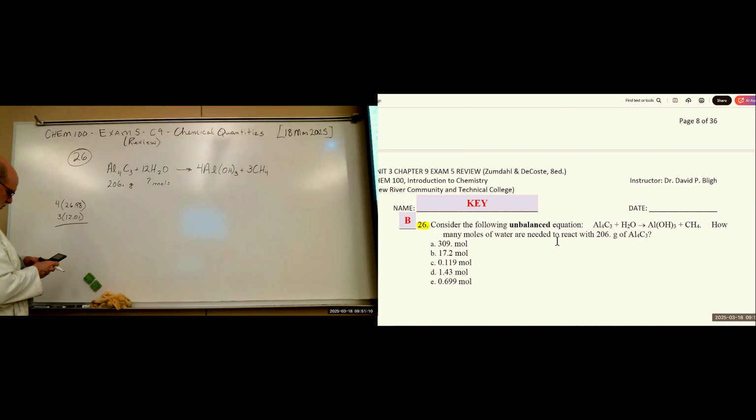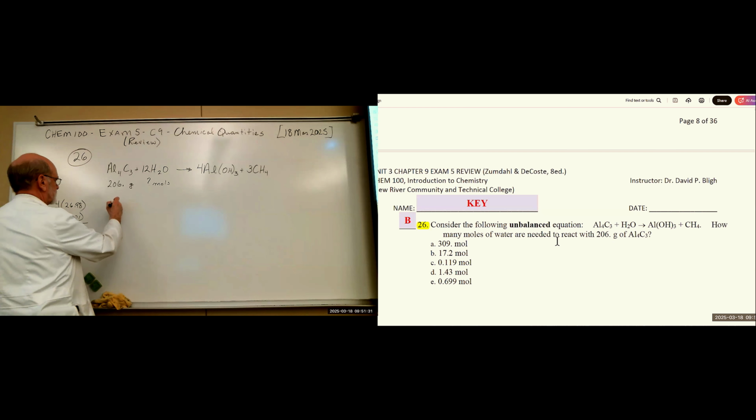And then 12.01 times 3 is 36.03, and then plus. So I get 143.95 grams per mole. It's about 100. Yeah, that looks good.